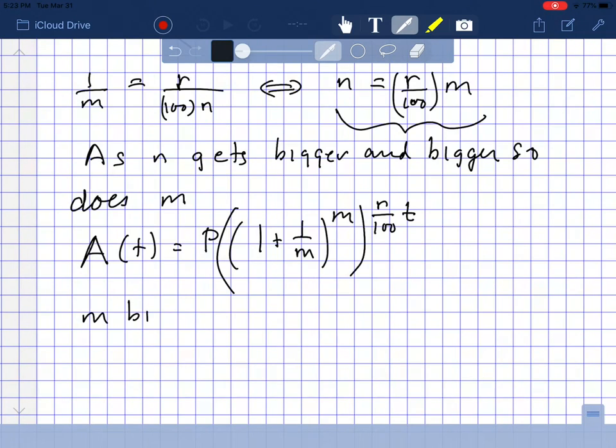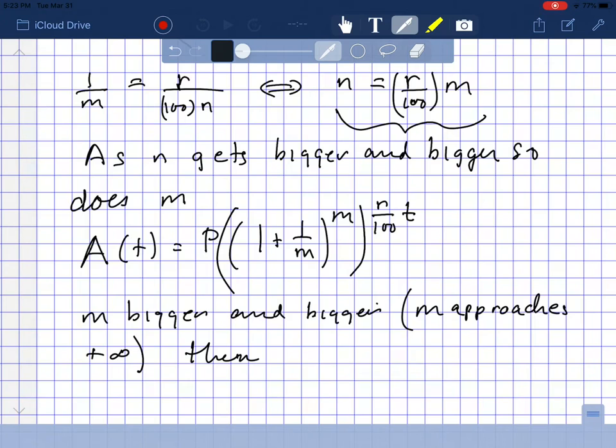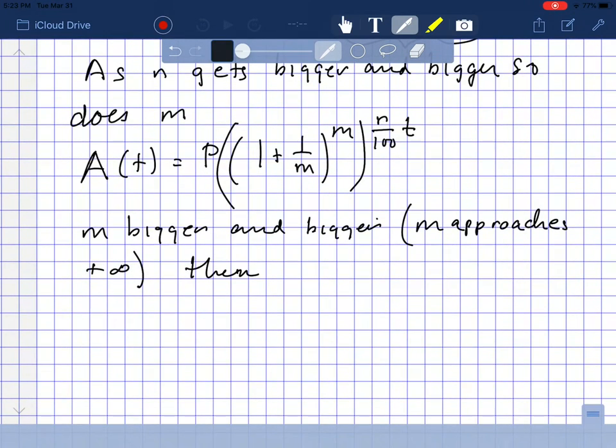If m is getting bigger and bigger, in other words, m approaches plus infinity, then we know from our little limit formula that this is equal to e. This is a formula that you'll see in calculus.